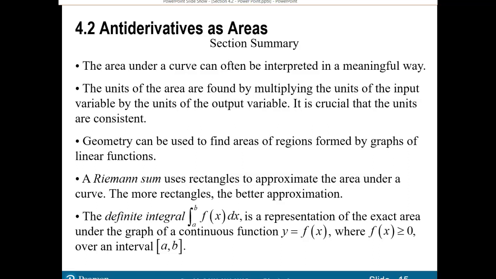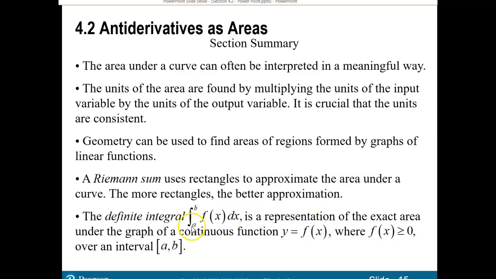So if you have a graph that is linear, you can divide your space into rectangles and triangles and trapezoids and just use geometry. A Riemann sum uses rectangles to approximate, not find exact values, but to approximate area under the curve. And again, the more rectangles you use, the better your approximation is.